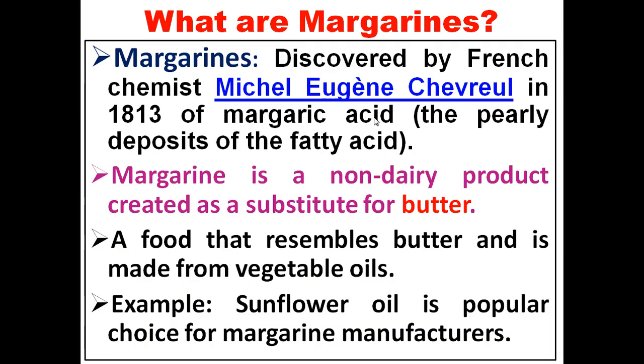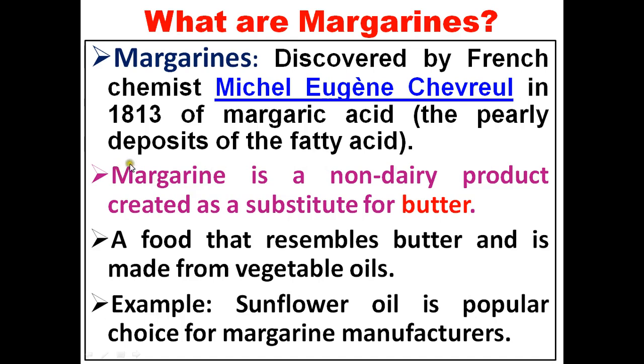So what are margarines? From page 177. Margarine was discovered by the French chemist Michel Eugène Chevreul in 1813, from margaric acid. This is the French scientist who first discovered margarines, which are deposits of fatty acids.